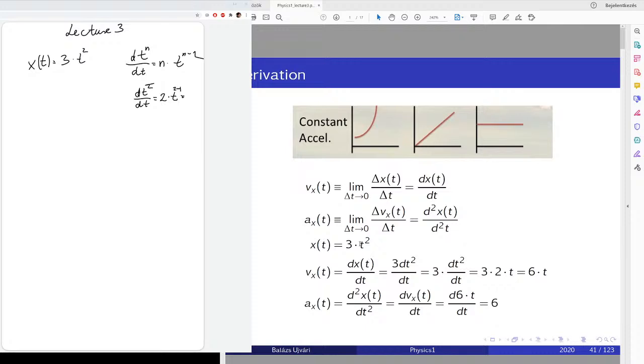How to derive three times t squared? The 3 can come out of the derivation, which is 3 times 2 times t, which is 6t.